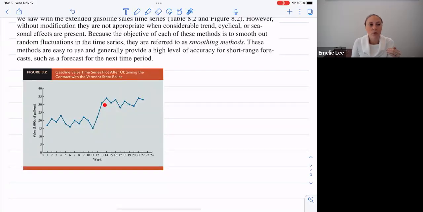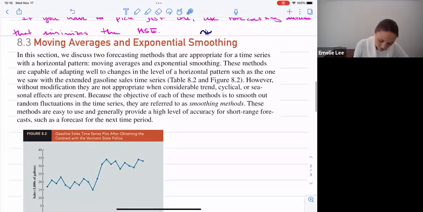Okay, and so what we're going to talk about now is our two main methods that we use for situations like this, where we have a horizontal pattern and potentially another horizontal pattern with kind of a step in between. So they're appropriate for a time series with a horizontal pattern.